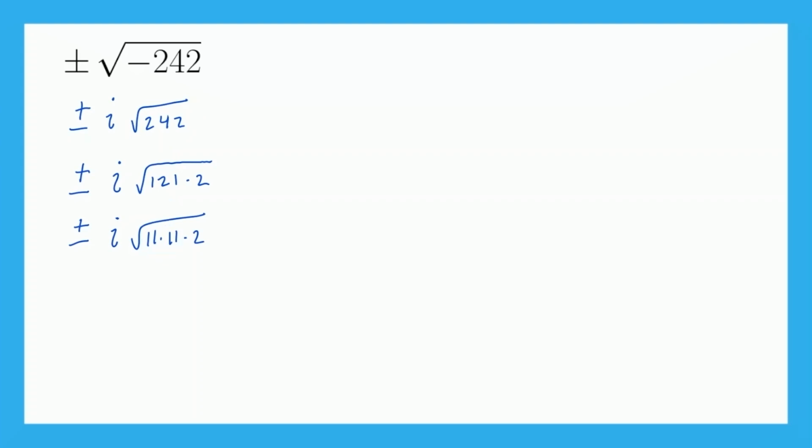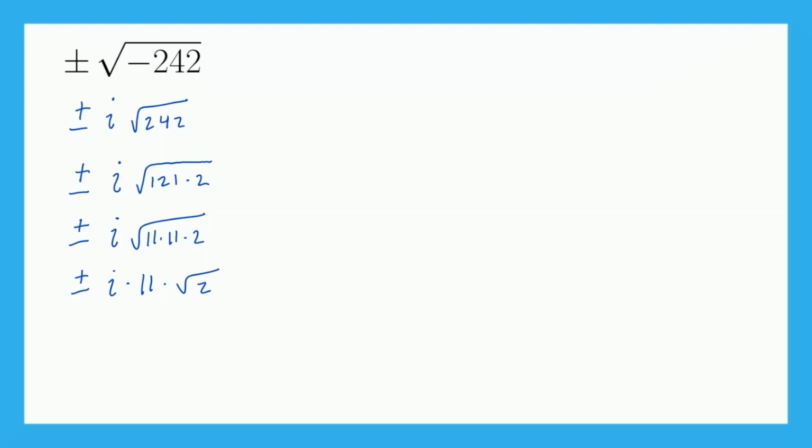If you're able to recognize the perfect square of 121 immediately, then you don't need to write the entire prime factorization like we did here, because you can just immediately say, okay, 121 inside the radical is what outside the radical? Well, that would be 11, right? Because 11 times 11 is 121, right? So this part of the expression right here, the square root of 121, we just rewrote as 11 outside of the square root.